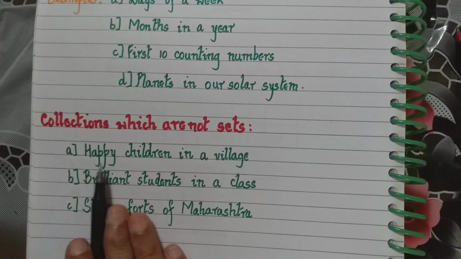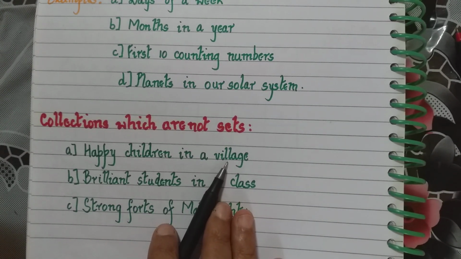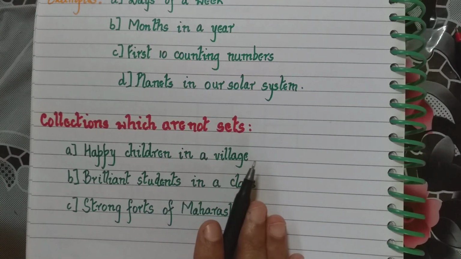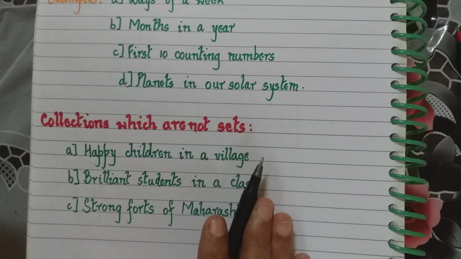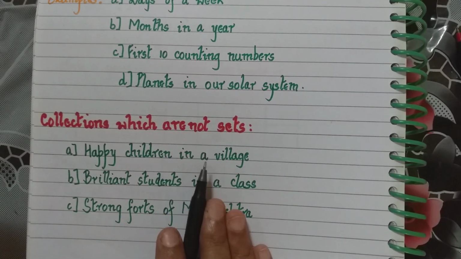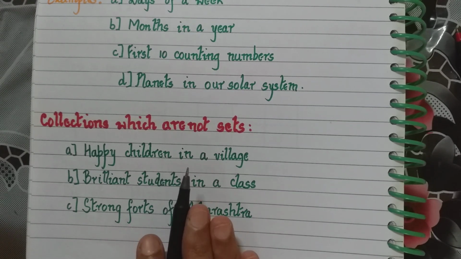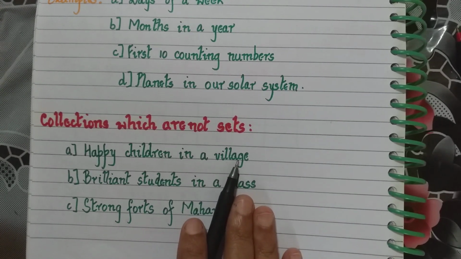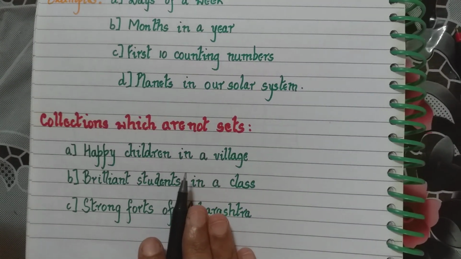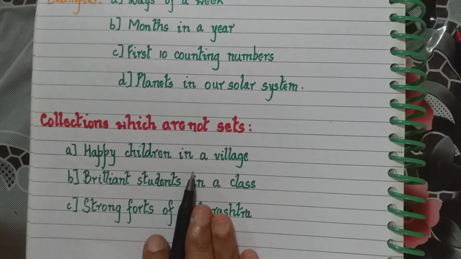Suppose when we are talking about happy children in a village, and I count the number of happy children as, say, about 80. But according to some other person, that person may list some more children as happy and list about 85 children. So here there is a discrepancy in the happy children in a village.